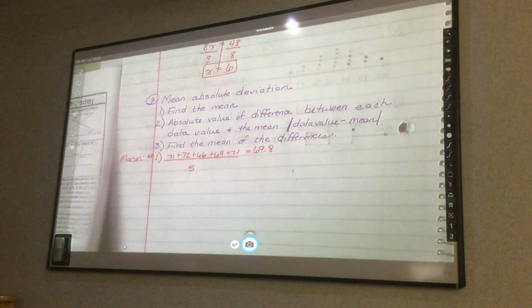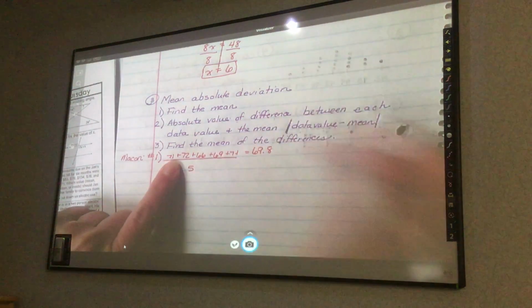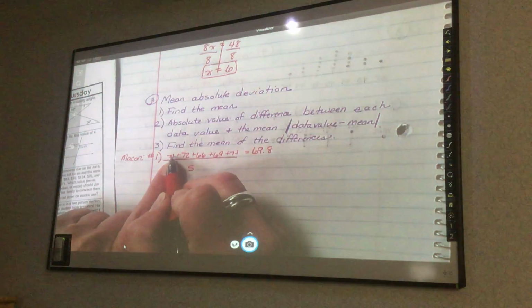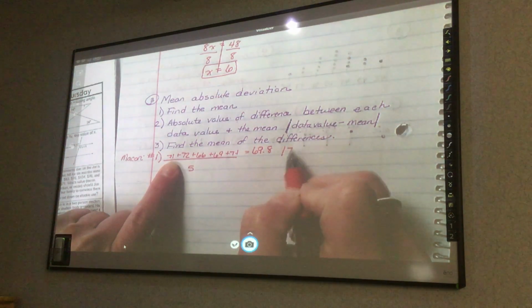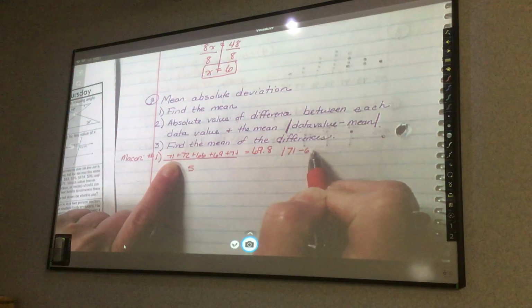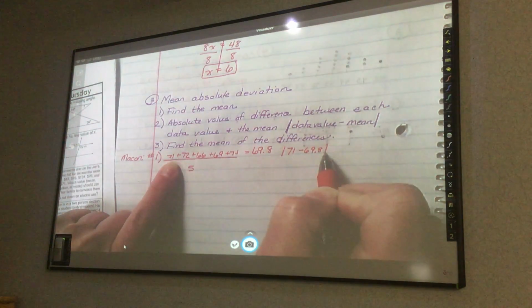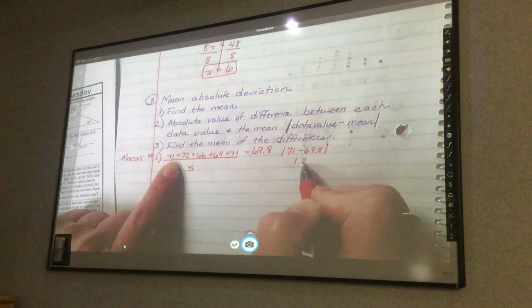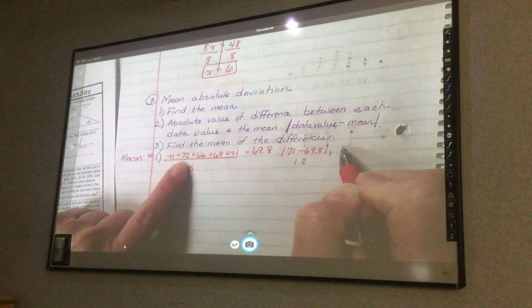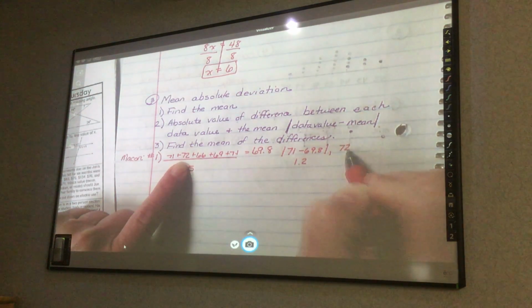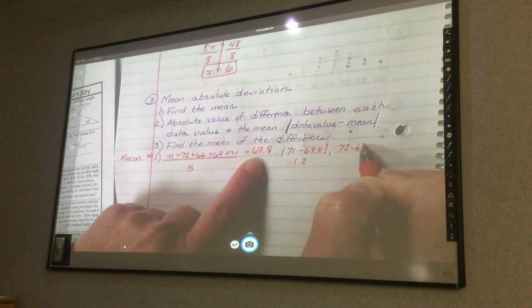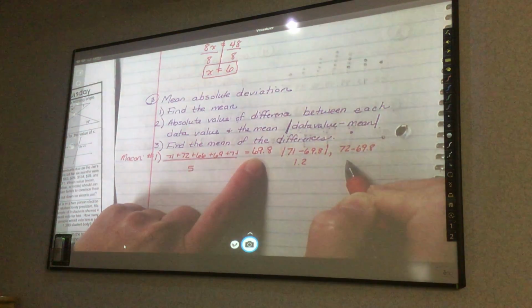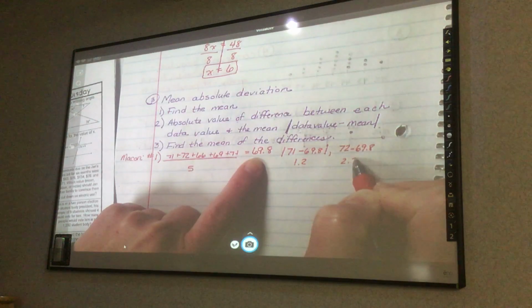Then you find the differences. So the difference would be, here's my data point, so I do the 71 minus 69.8, and that was 1.2. Then I do 72 minus my mean, 69.8. That gives me 2.2.